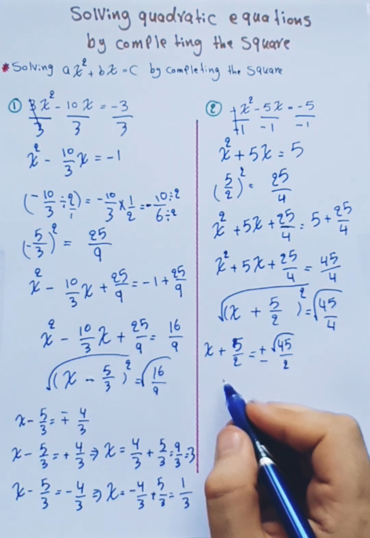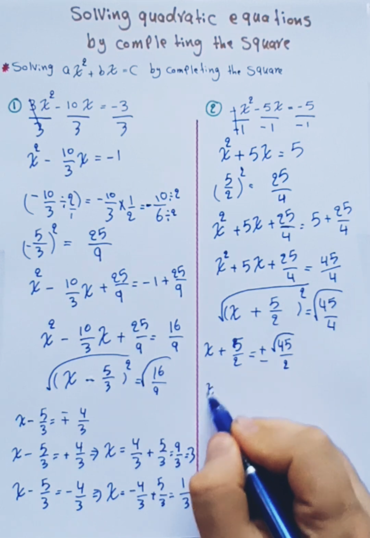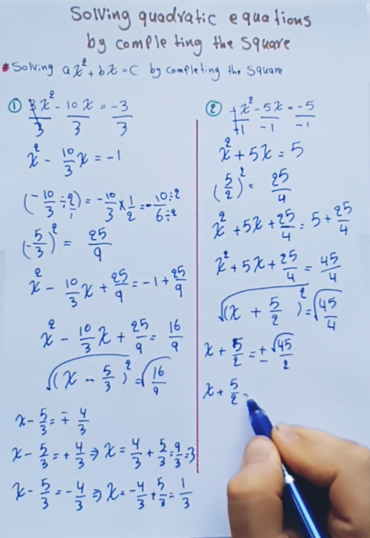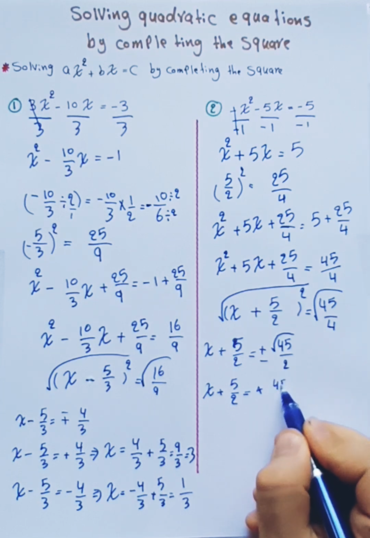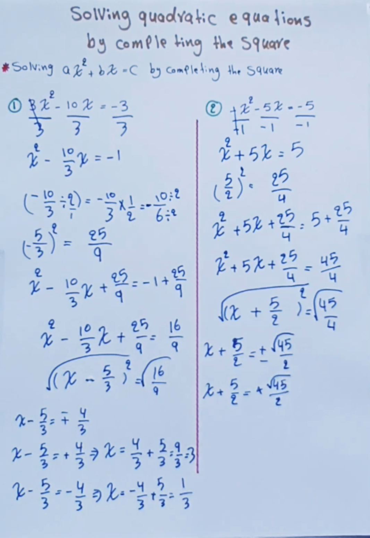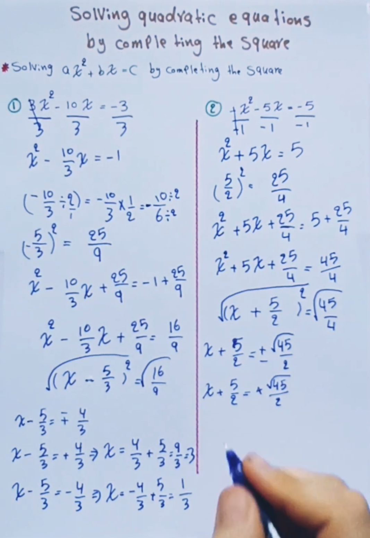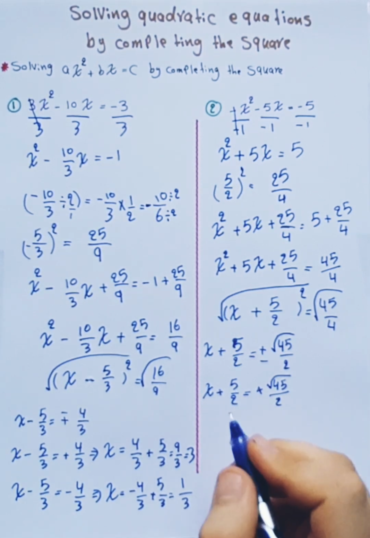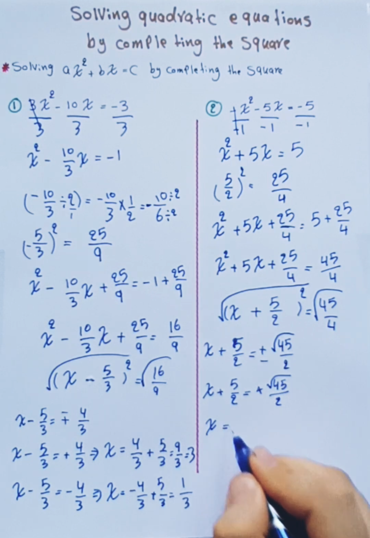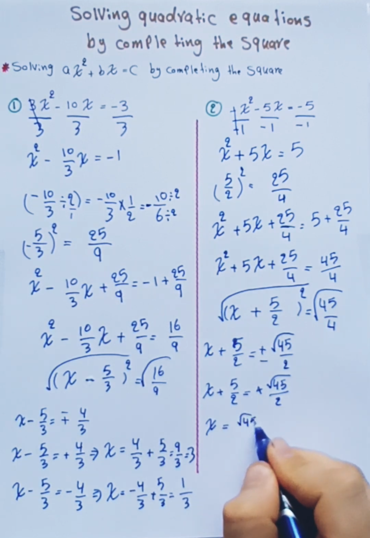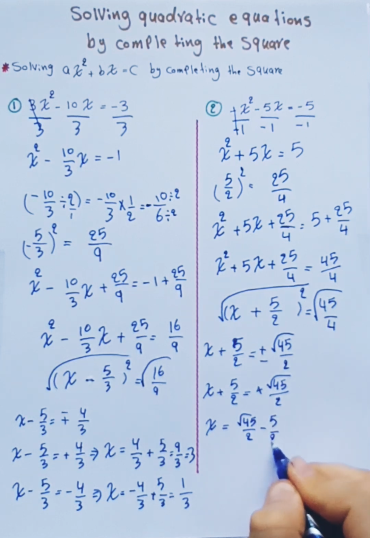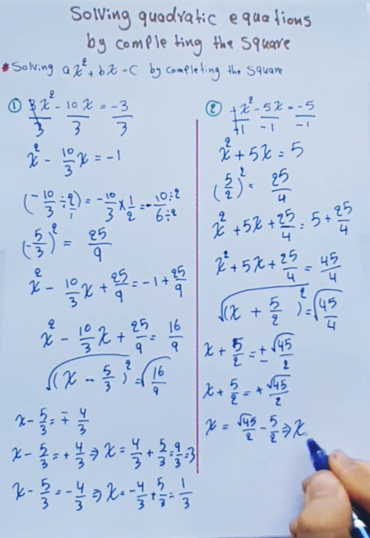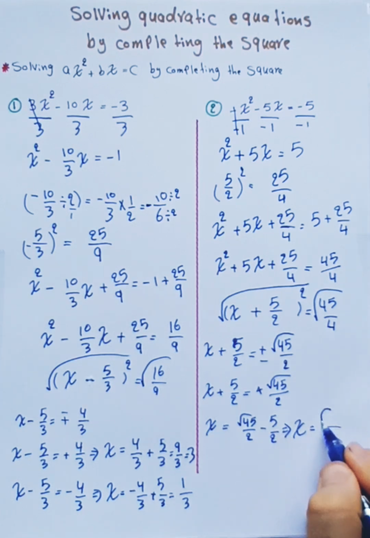And then x plus 5 out of 2 equal to positive square root of 45 out of 2. So we have to change the place of 5 out of 2 to the right side. So we have x equal to the square root of 45 out of 2 minus 5 out of 2. So the value for x is square root of 45 minus 5 out of 2.